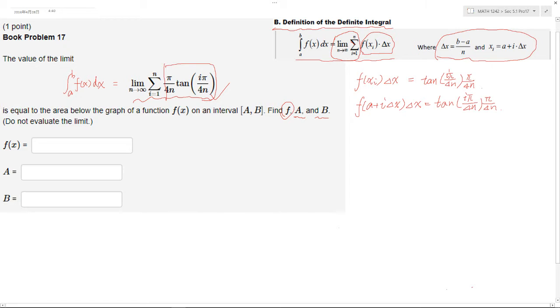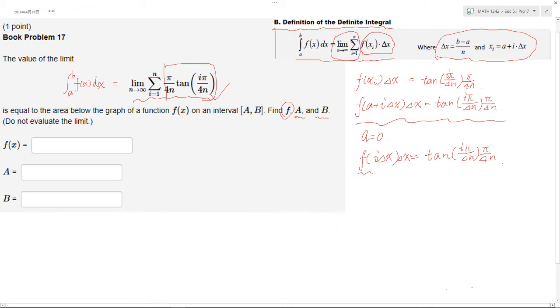Before we plug in delta x equal to b minus a over n, we can observe this equation. Let's make a guess. If a equals 0 here, our expression becomes f of i delta x times delta x equal to tangent of i times pi over 4n, times pi over 4n outside.